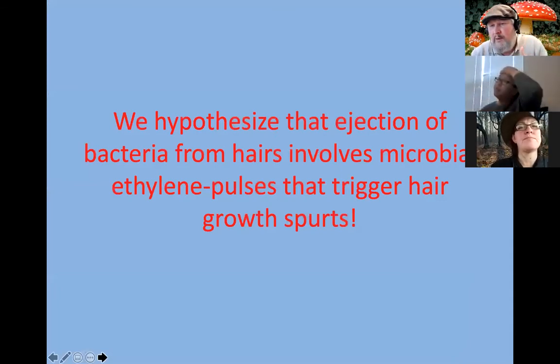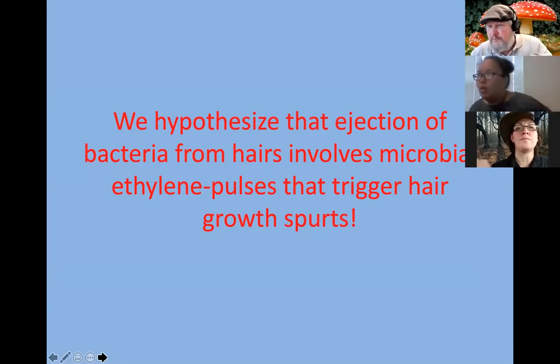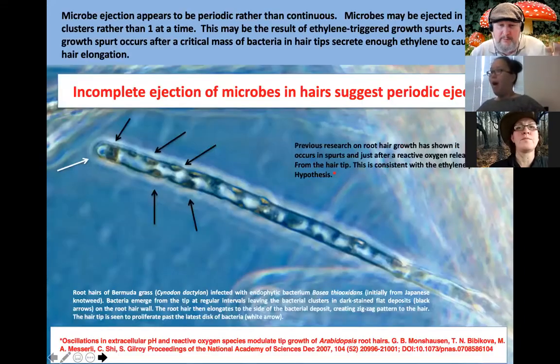And what we think is going on is that this microbial ejection is happening when these hairs are elongating. The microbes in mass are secreting ethylene, and that's causing the hairs to elongate. And when the hairs elongate, it gives a pulse, a growth spurt, and that shoots some of the microbes out. Then it takes a while for those microbes to be built up again, and they're cloned in there, and then they're built up, and it causes a spurt again, and it keeps going like this.